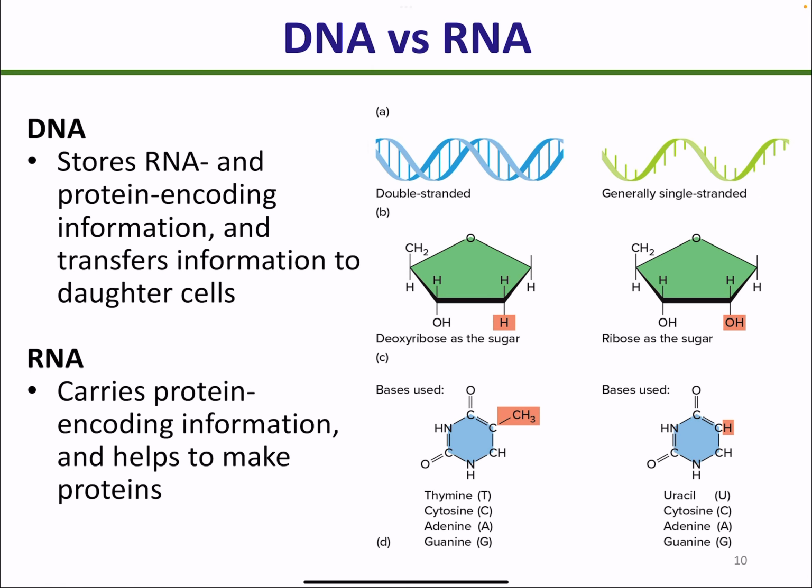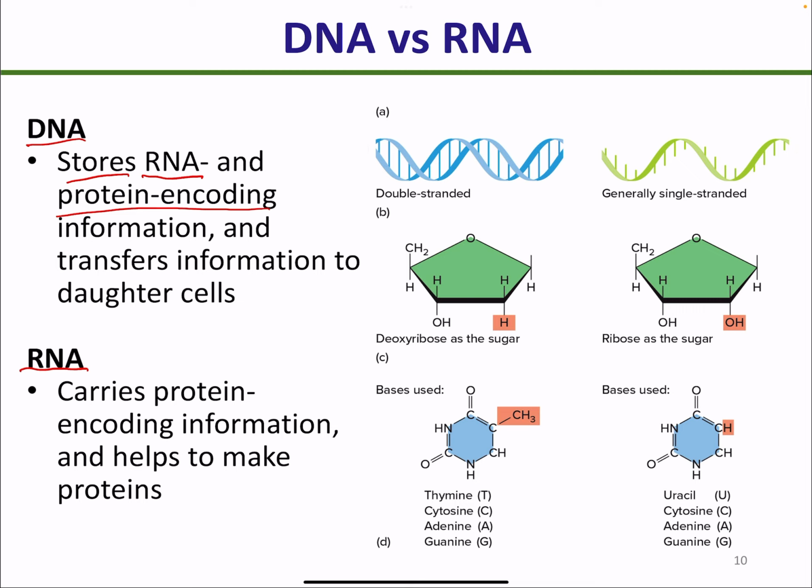All right. So DNA stores the information that is going to be converted to RNA and protein encoding information, right? While RNA only carries protein encoding information, that's it, right?